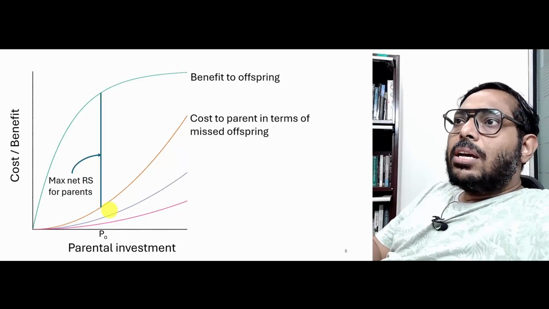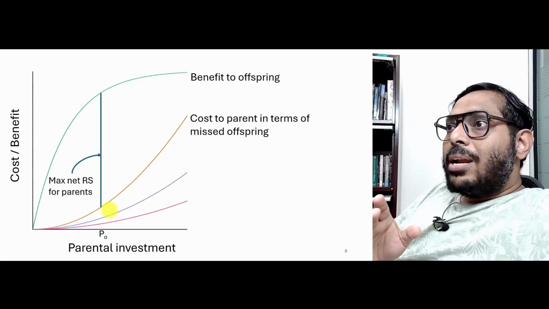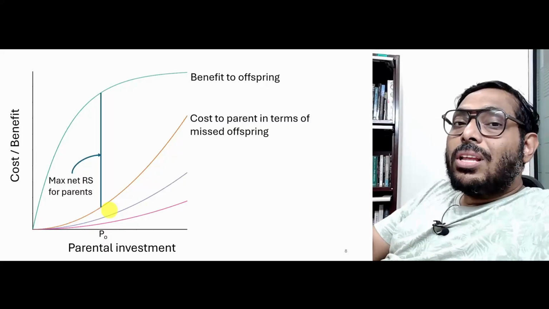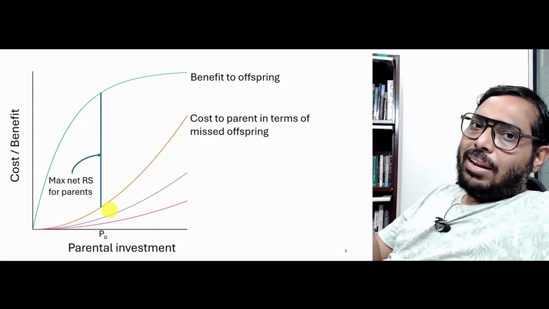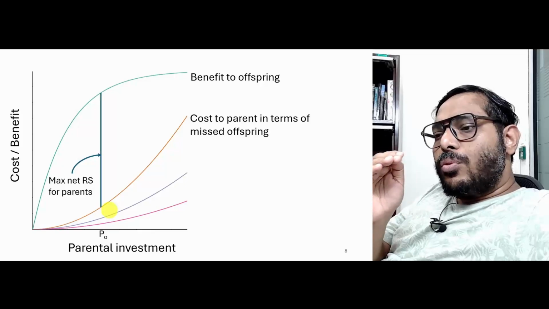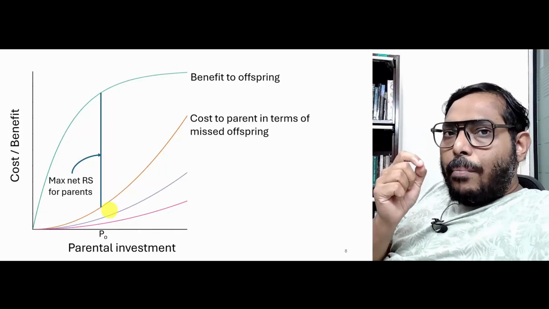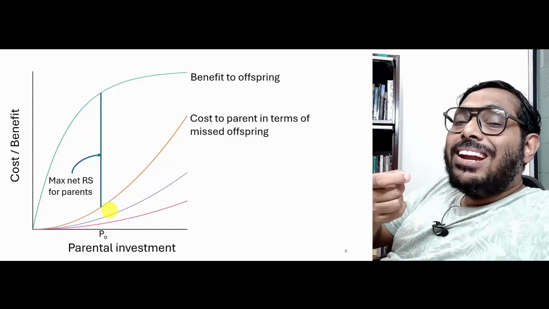In that case, the offspring is actually going to have direct fitness, but it is also going to lose out on the inclusive fitness, the indirect fitness that is coming through its relatives. Therefore, the offspring also feels this cost, but the cost is felt by the offspring in a very different way.